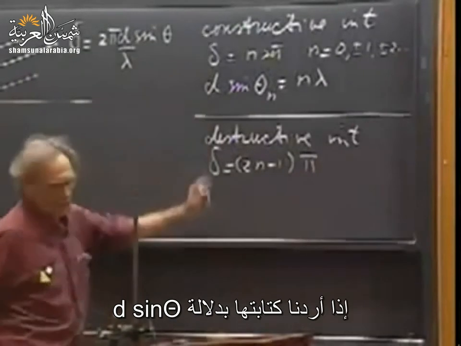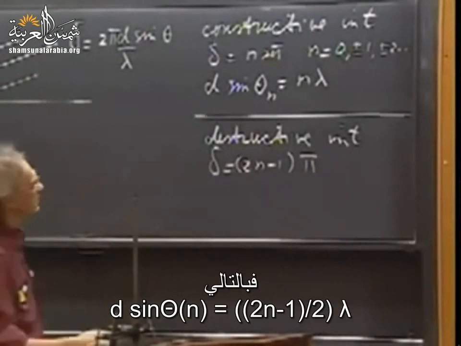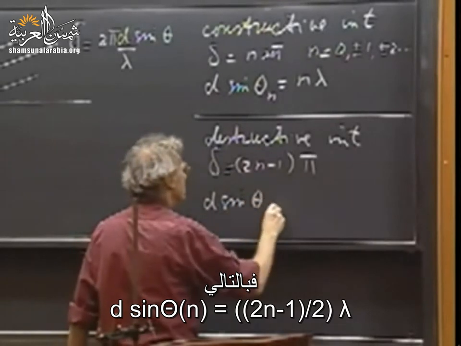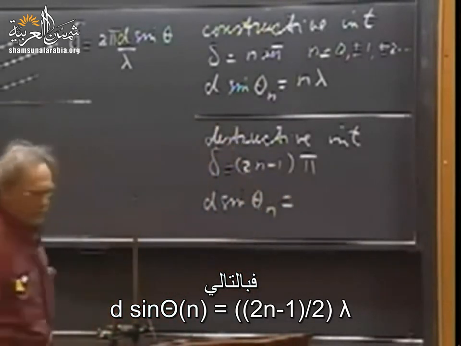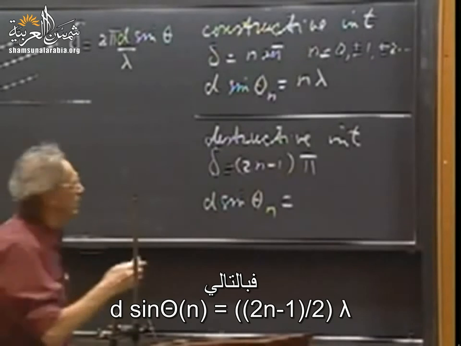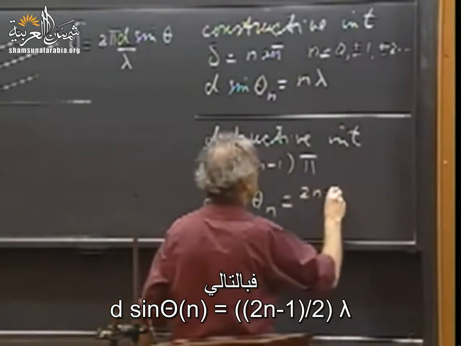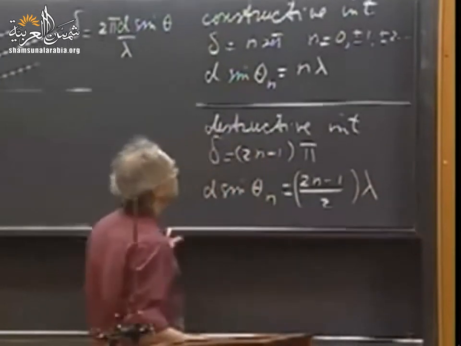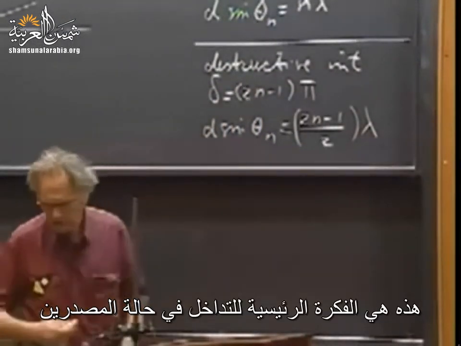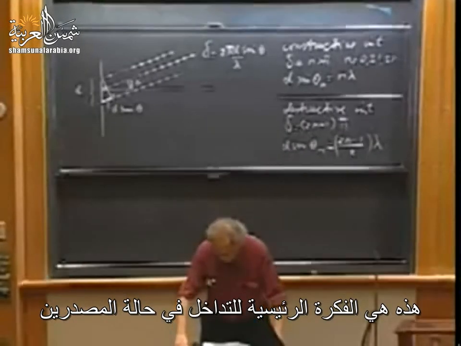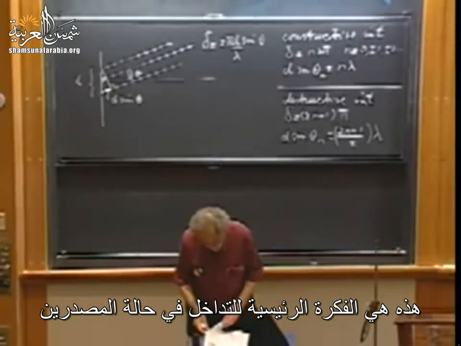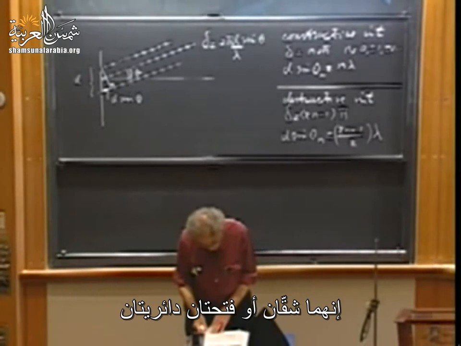And if you want to write it down in terms of the d sine theta, then you get that d sine theta of n, which is that n that you see there, is now 2n minus 1 divided by 2 times lambda. And so this is at the heart of the idea of the interference, in this case, of 2 of these sources, 2 slits or 2 circular openings.